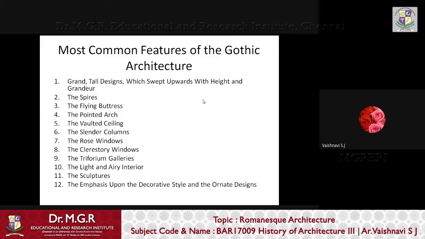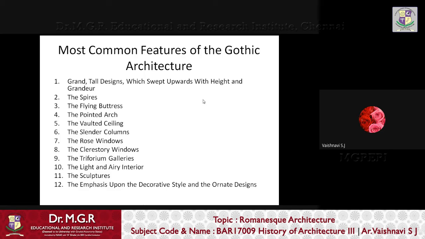And the next one is the different sculptures which were used. As I showed you, they depicted gargoyles and human figures, more of human figures and gargoyles, on the facade of the building. And then they gave more importance to decorative and ornate designs.